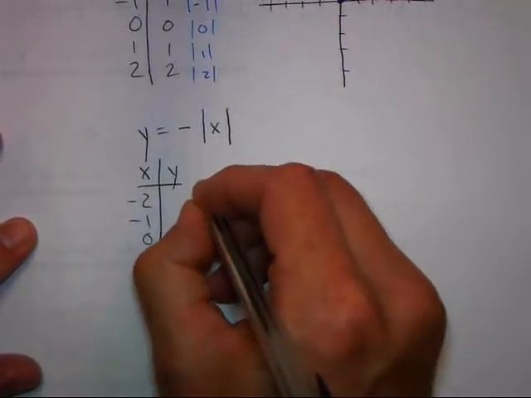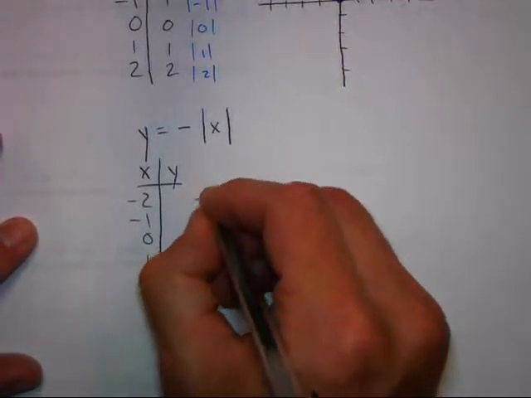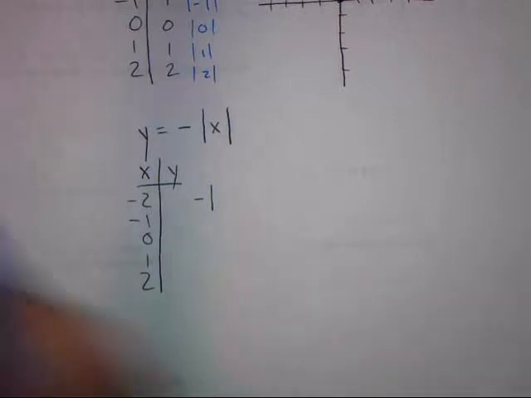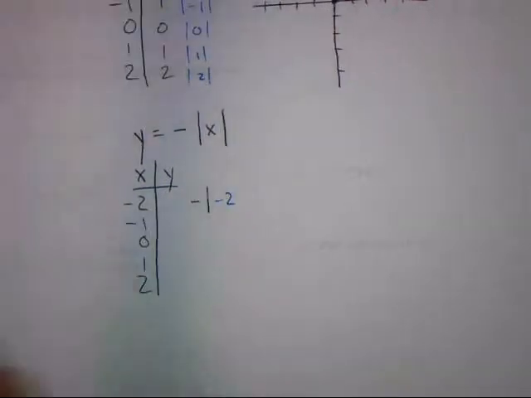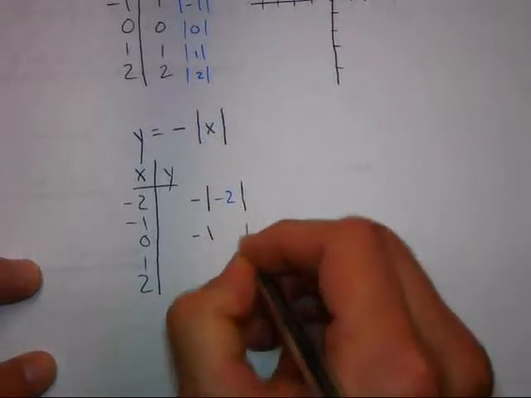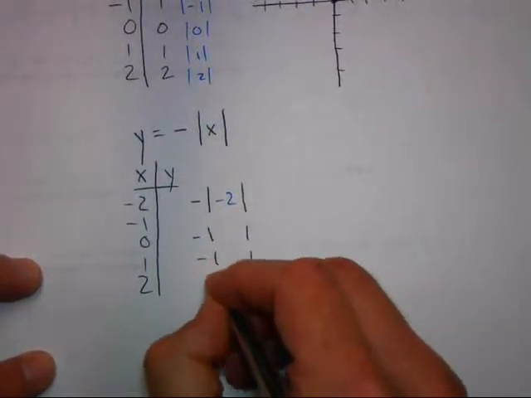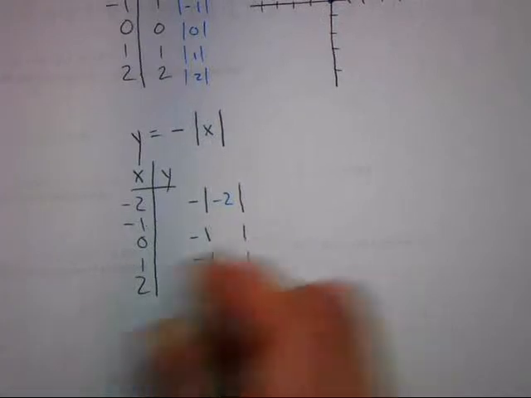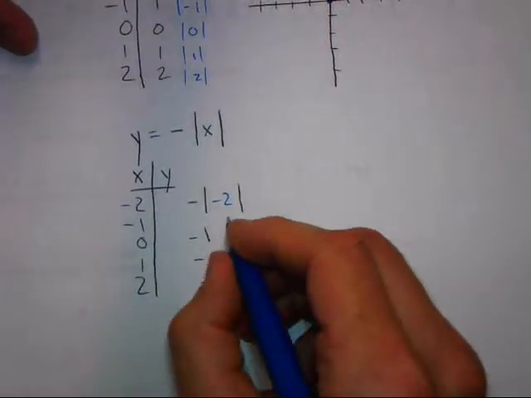and then we plug in the table of values to the original equation. So we have negative absolute value of negative 2, negative absolute value of negative 1, negative absolute value of 1, and negative absolute value of 2.